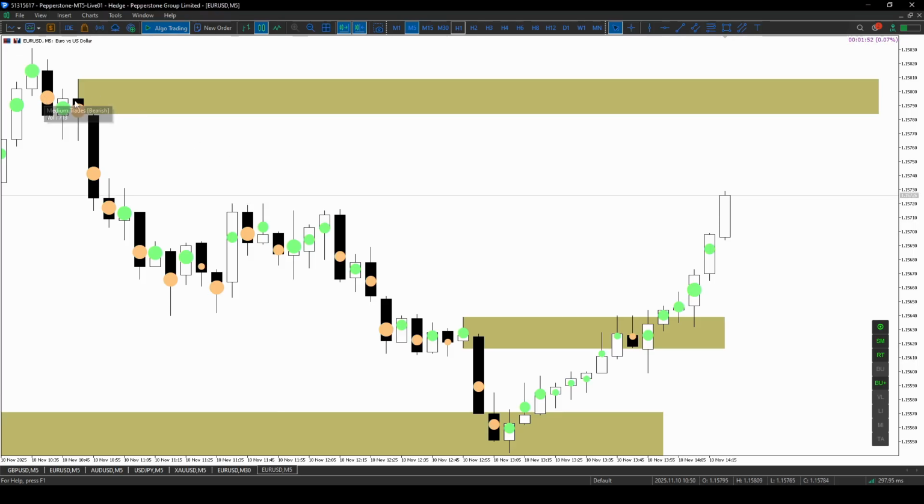So we can see medium trades in here and here medium trades. So if price respects that area, then we will go short.